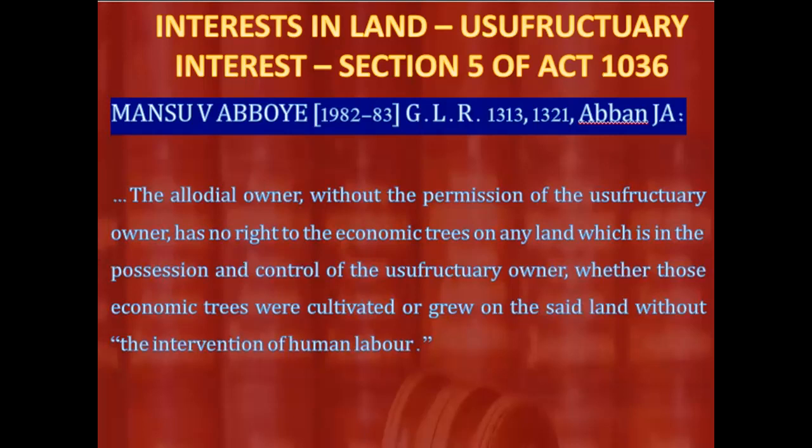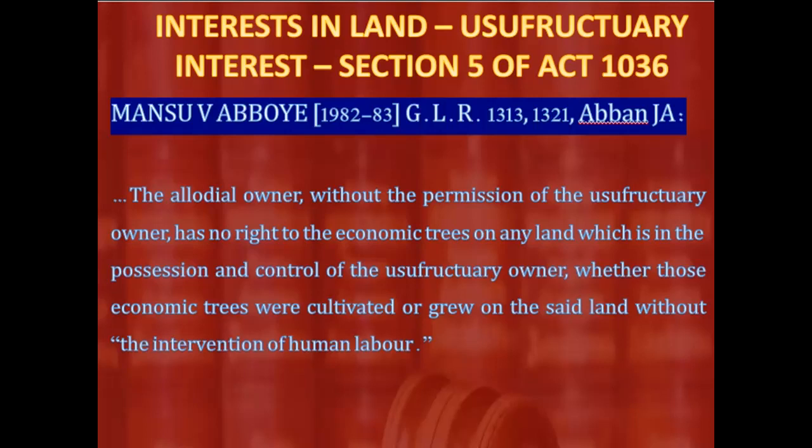That once a person has acquired a usufructuary interest, then the holder of the allodial title cannot even transfer the land to a third party without seeking the consent of the holder of the usufructuary interest. That is how powerful the holder of the usufructuary interest is.